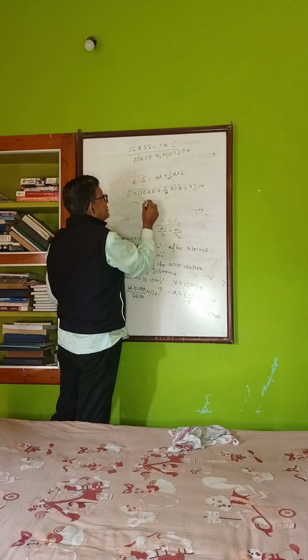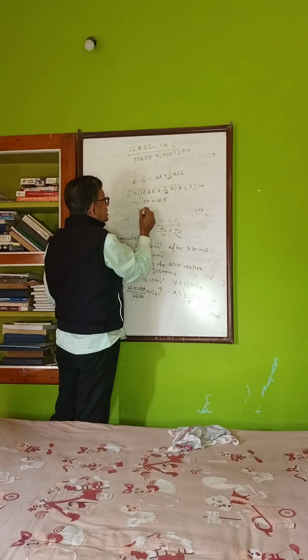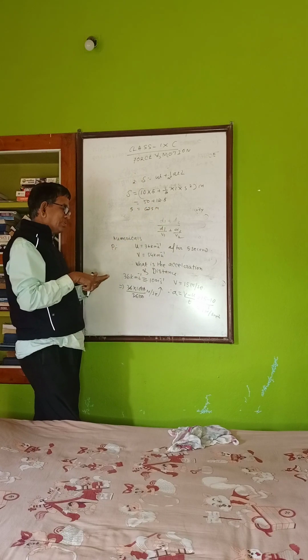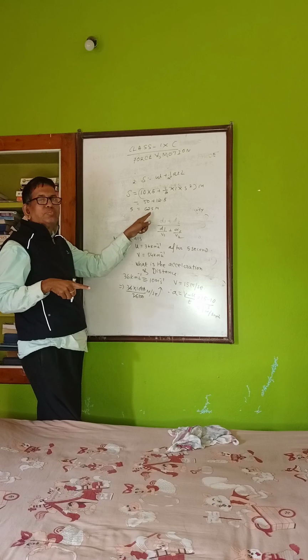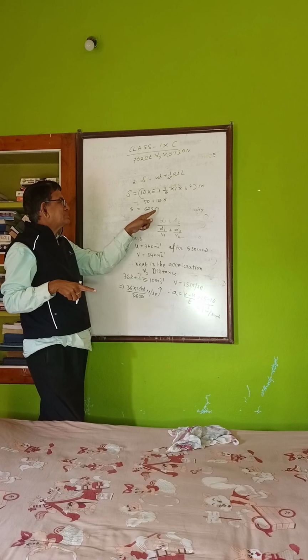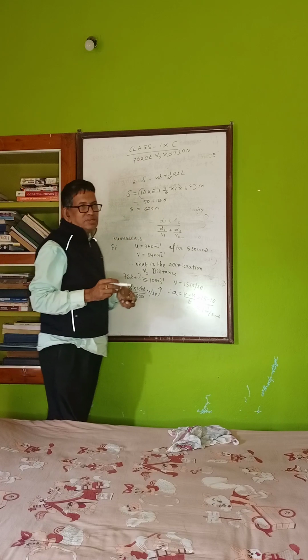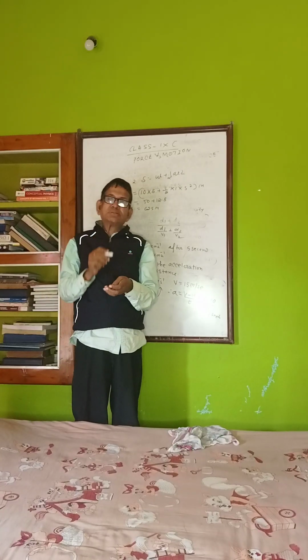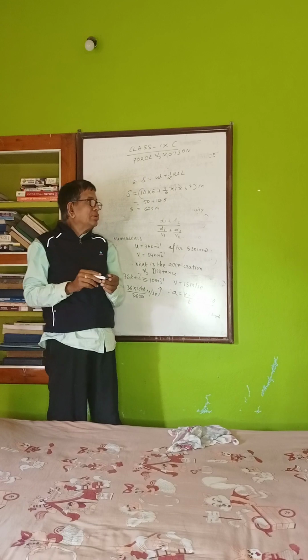So 50, 12.5, it is coming 62.5 meter. The displacement of the body in 5 seconds will be 62.5 meter.